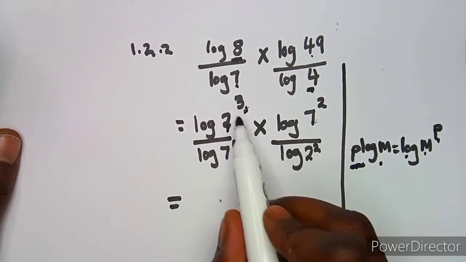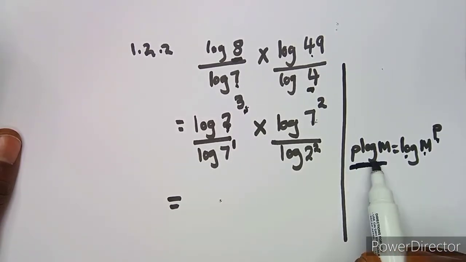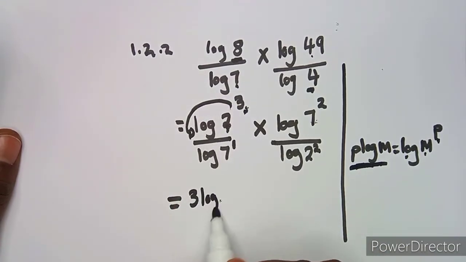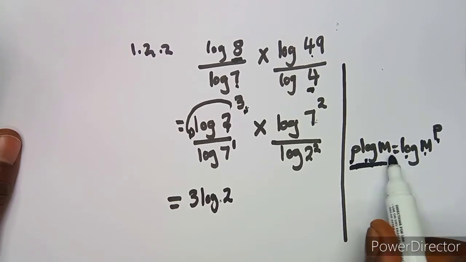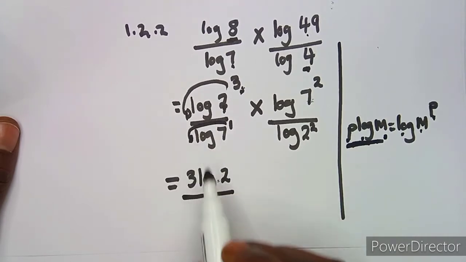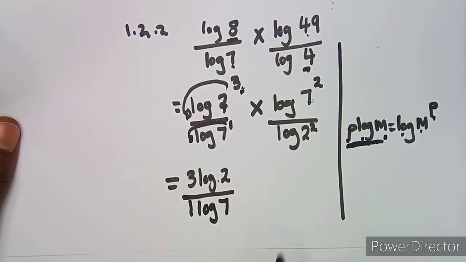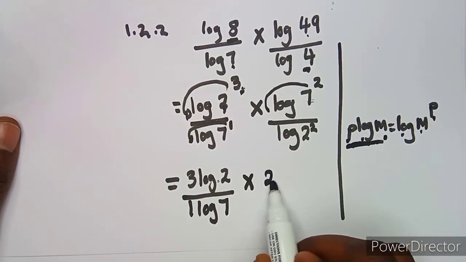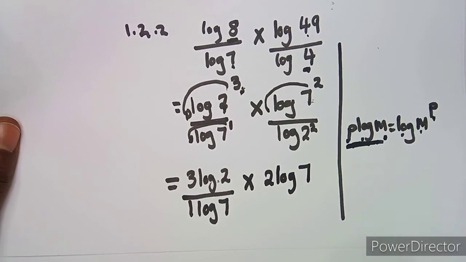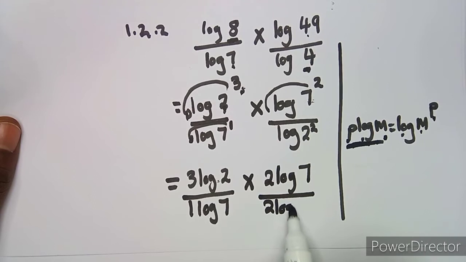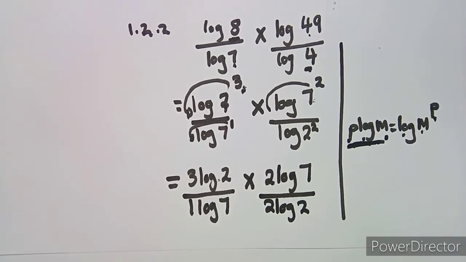So this format can be written like this, which means you can drop the exponent and it will be 3 log 2, just like p log m. All right, over this one is going to be 1 log 7. So it will be 1 log 7 times, you drop the exponent here, which is the same as 2 log 7. So it's one and the same thing actually. You drop the exponent here, which is 2 log 2, which makes something magical there.